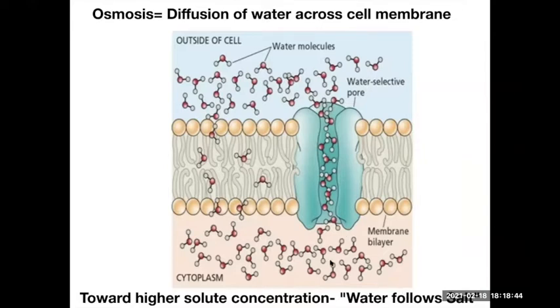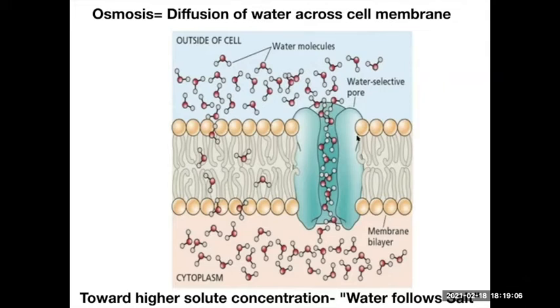The proper term is water follows solute, but doesn't water follows salt sound a lot better? It means water is following whatever the highest concentration of these solutes or salt is. Everybody clear on the basic definition of what's going on with osmosis?